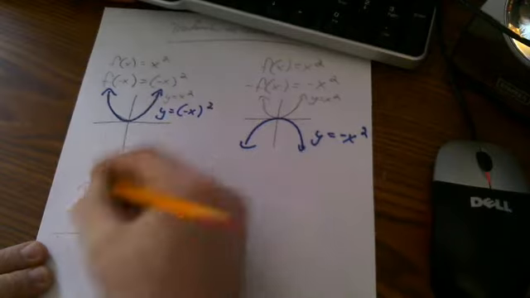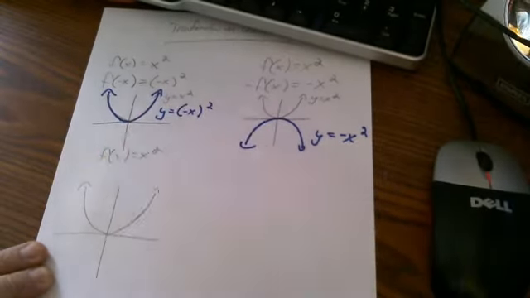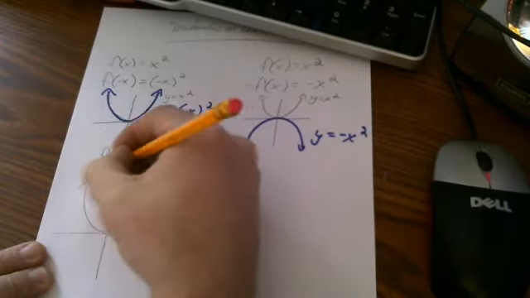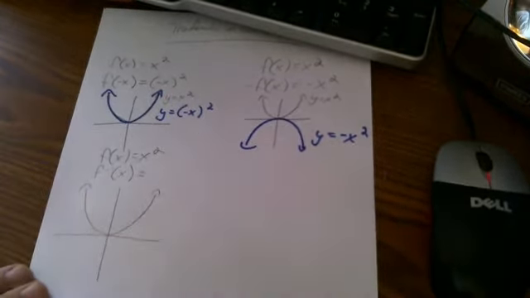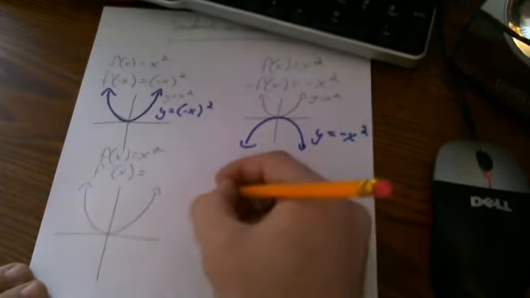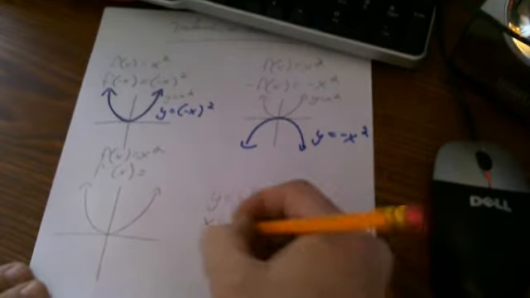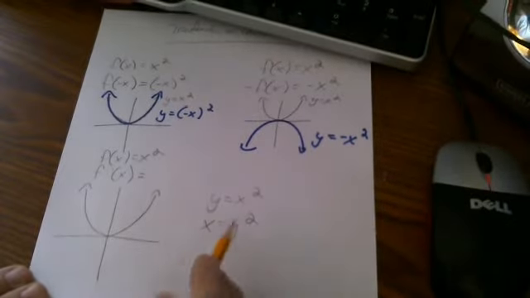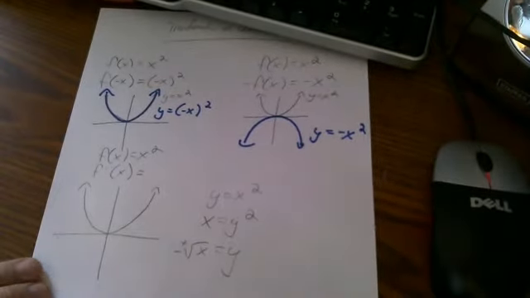Here is the graph of f of x equals x squared. What about f inverse of x? Well, that's going to take a little bit of side work. We have y equals x squared. Let's interchange x and y. Take the square root of both sides. But don't forget, the square root can be both positive and negative.